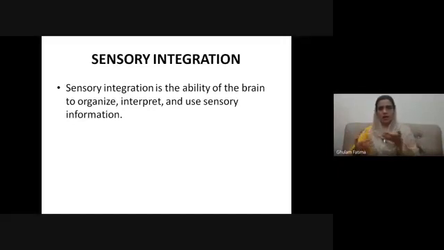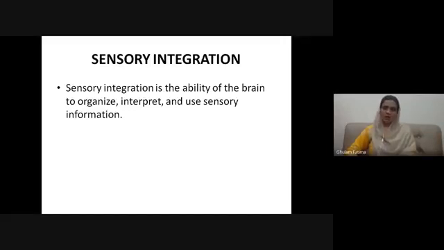Here, I am getting some hearing stimulus from this fan, some light stimulus, some background music stimulus. But my brain can't focus on each and every stimulus. So my brain has to focus on the particular stimulus that needs to be given attention at that moment.